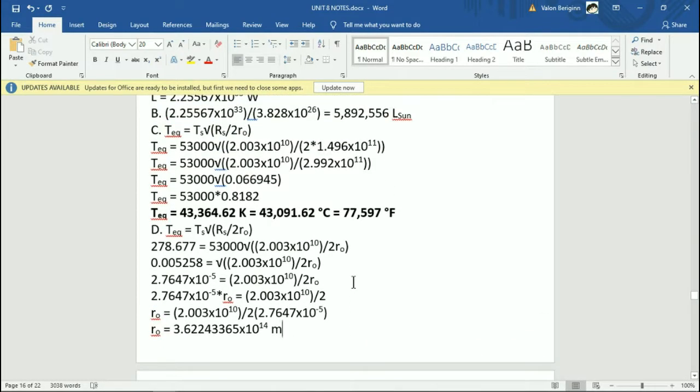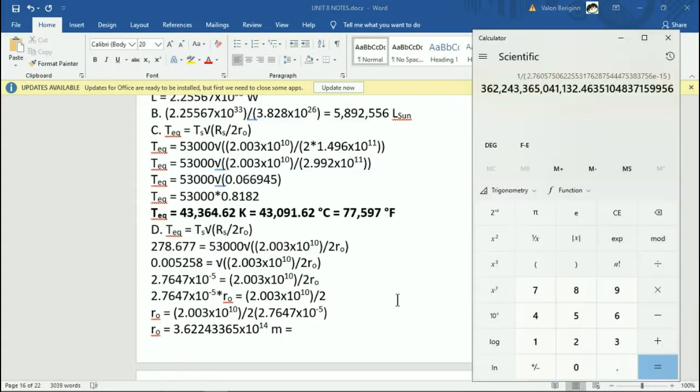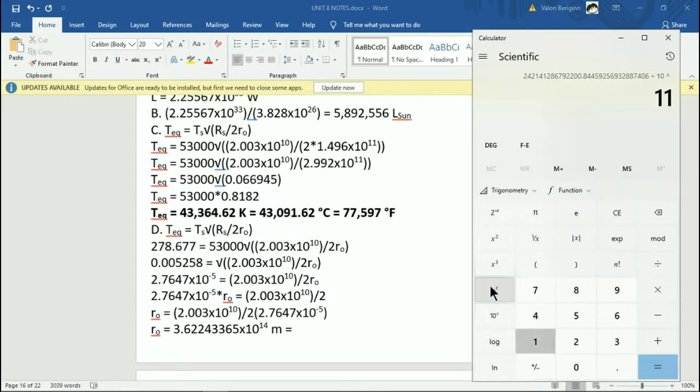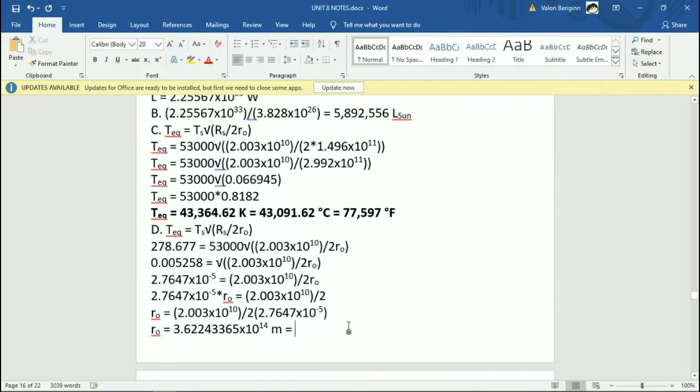So you divide this, and you end up getting 2,400, I'll say 2,420. That's your answer. For comparison, Neptune is at 30 AU.